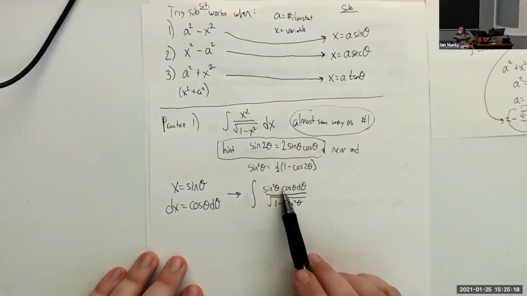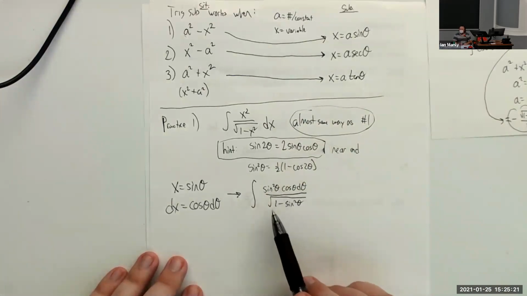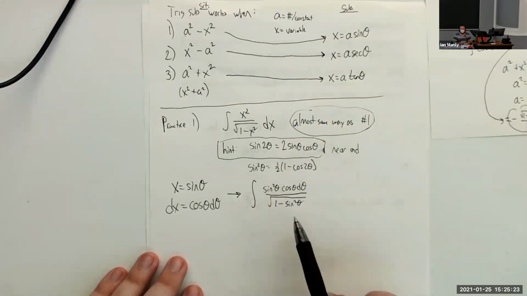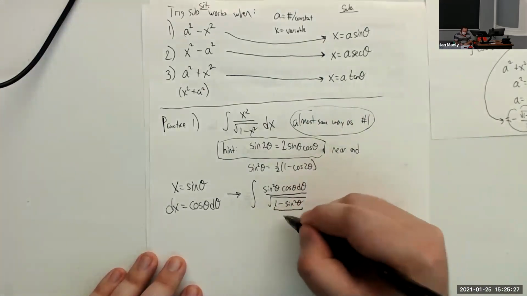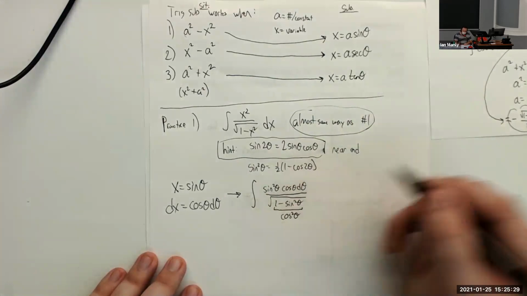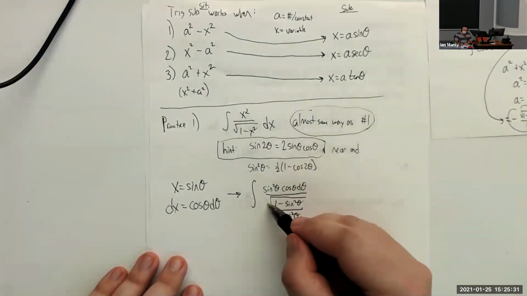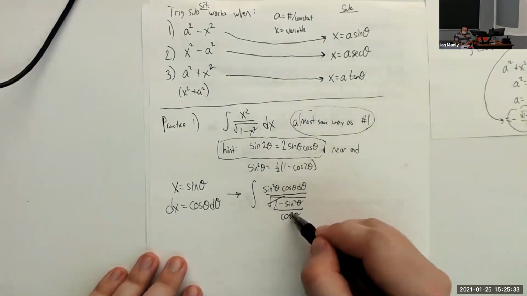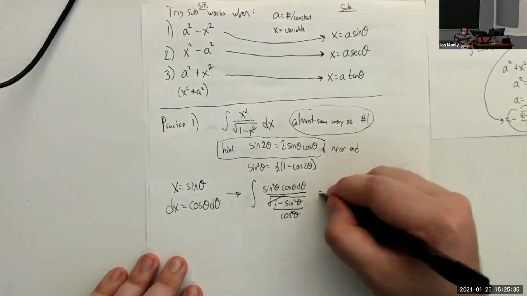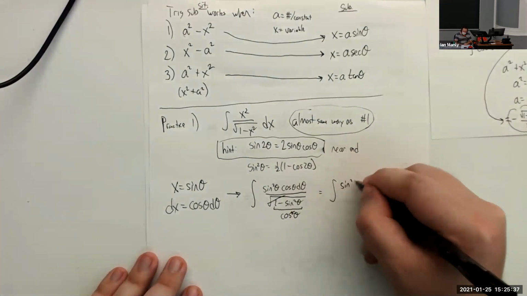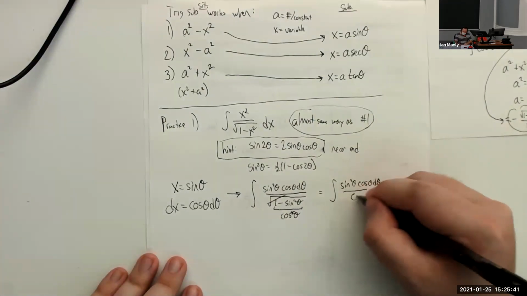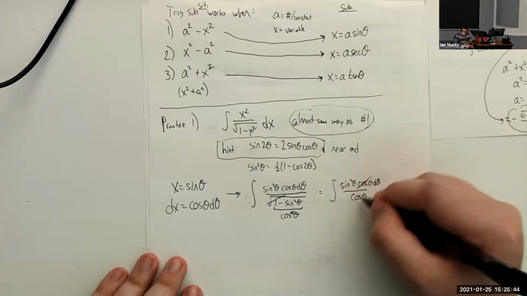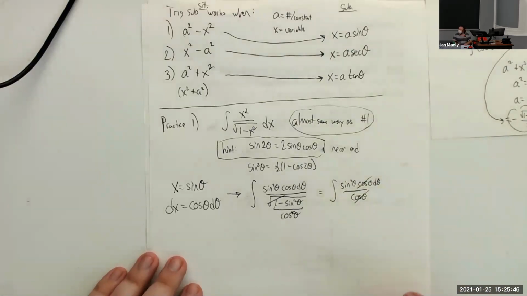And remember, this is the whole point of doing this substitution, is so we can do this Pythagorean identity here. So 1 minus sine squared, as we saw in the last example, is cosine squared of theta. And then the square root here will cancel with the square right there. So then we have sine squared times cosine divided by cosine of theta. And conveniently, those guys will end up canceling out.